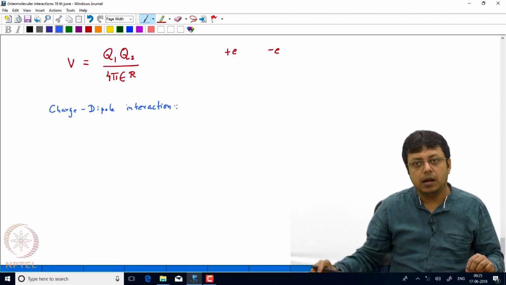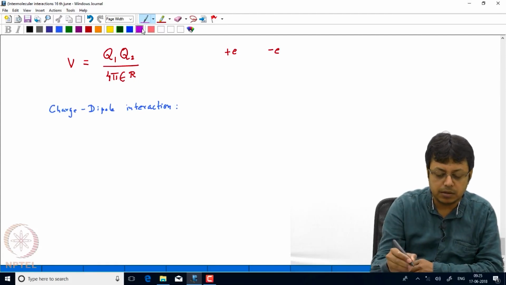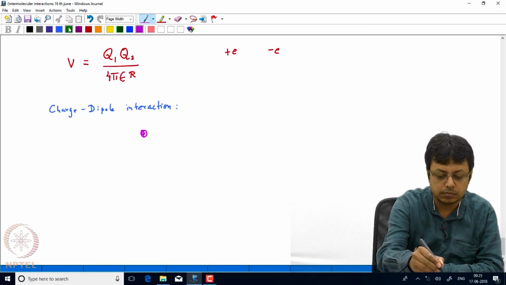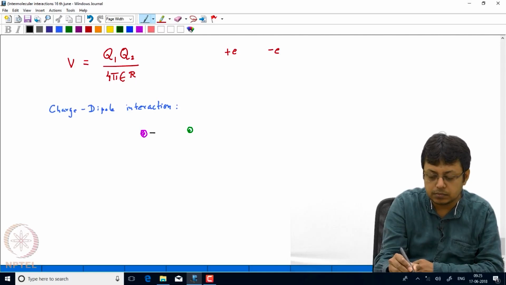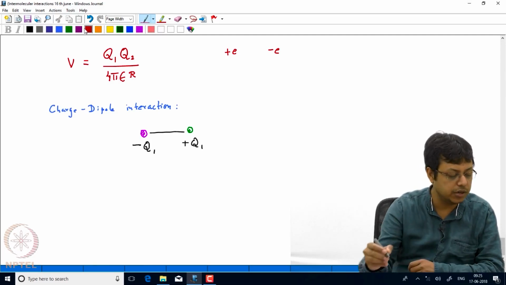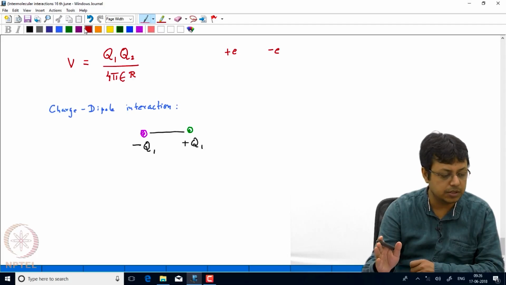Now it will depend on the orientation at which the charge is located with respect to the dipole. For example, suppose I have the dipole like this. We have a positive end and a negative end. So we have minus Q1 charge and here I have plus Q1 charge, and where I am going to put this third charge, say Q2, we are not telling anything about the sign of the charge right now, whether it is a positive or a negative charge.